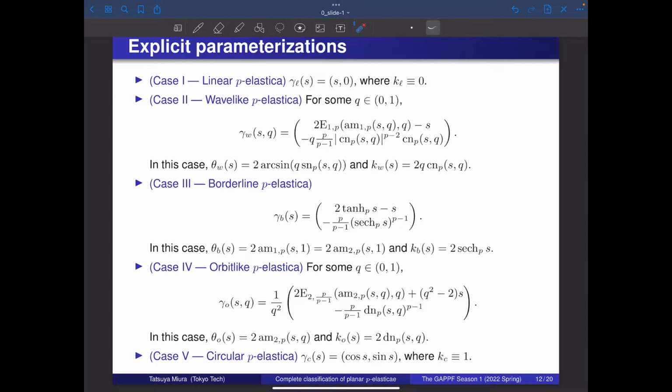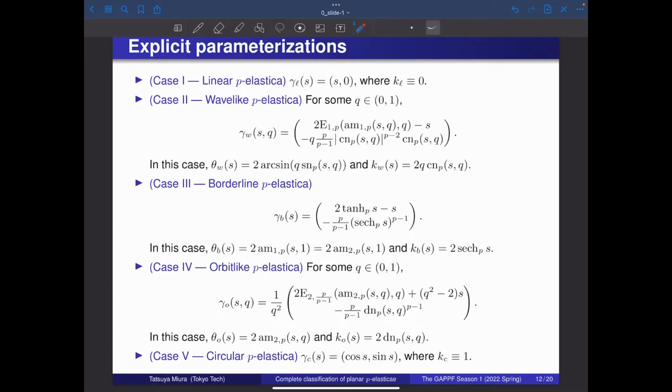Our new findings are the definitions of p-elliptic functions, like this elliptic cosine function, the p-elliptic delta function, or these amplitude functions. And also here you see the hyperbolic tangent and hyperbolic secant functions. These are also defined in our paper.